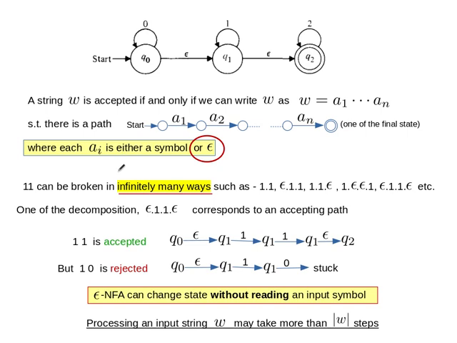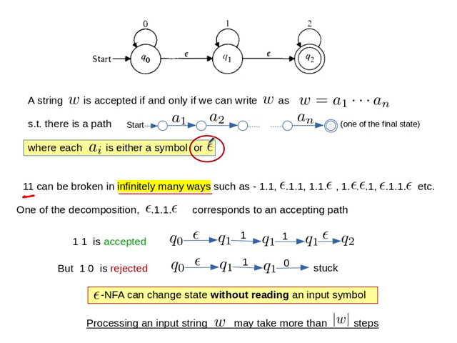Now take for example this string, just 1 1. Again, the difference here is that these AIs can be either a symbol or epsilon.